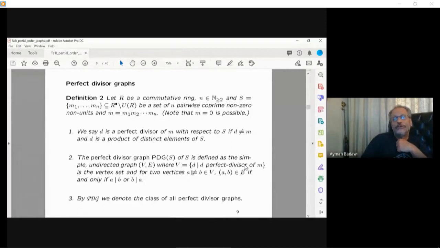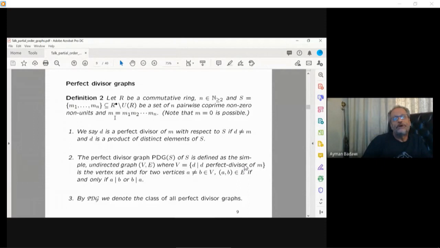And two vertices will be connected if and only if A divides B or B divides A. This is how we connect vertices, okay? It's very simple.